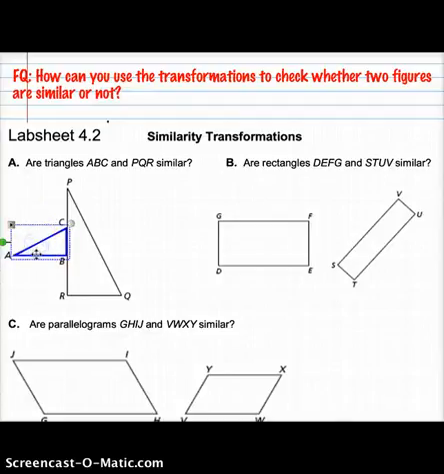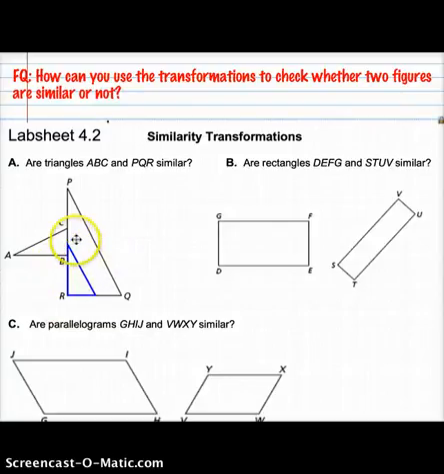So I'm going to translate point B onto point R. And then I'm going to rotate this along point R. So R is supposed to stay still. So here it is. Now, are they similar triangles?